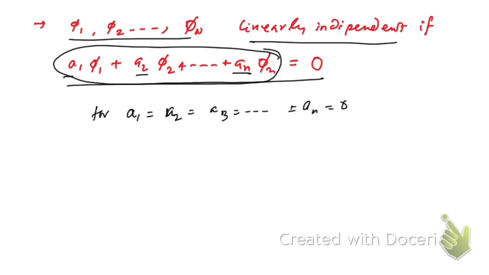Now let's discuss dimensions. As I have already told you, in this case x i cap plus y j cap plus z k cap, the dimension is 3. Suppose we have one more unit vector and one more scalar term, then its dimension is going to be 4.